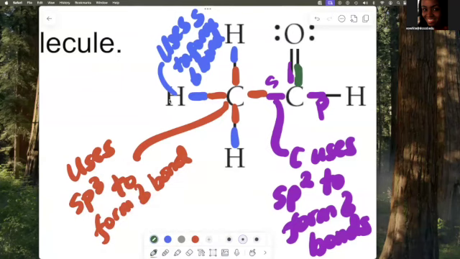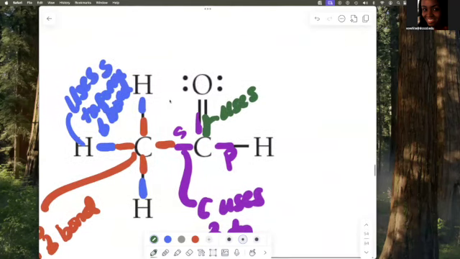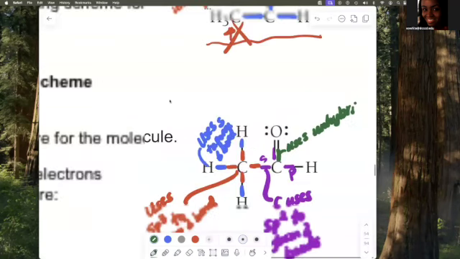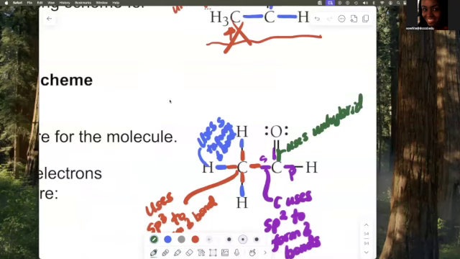Since it's the second bond, it uses the leftover, the unhybridized p orbital, for the second bond.